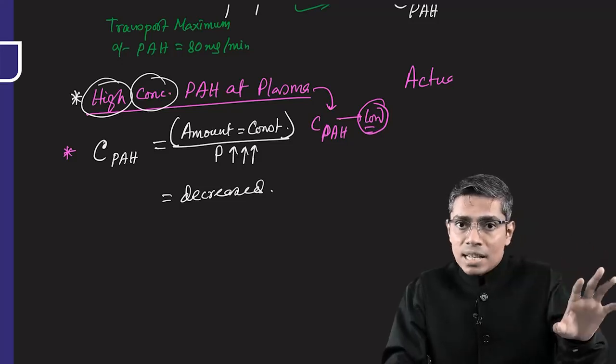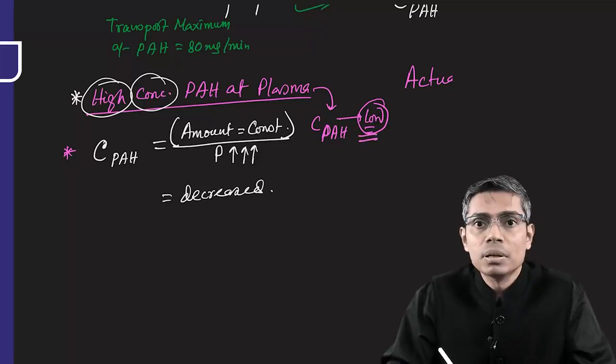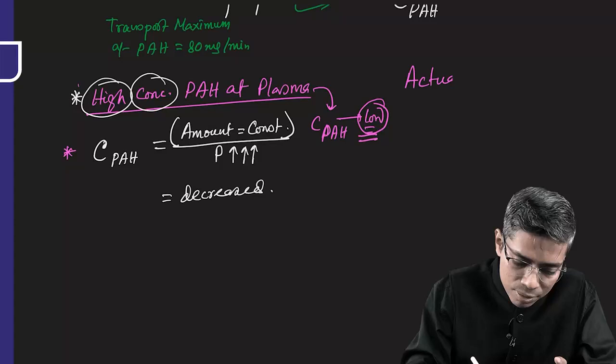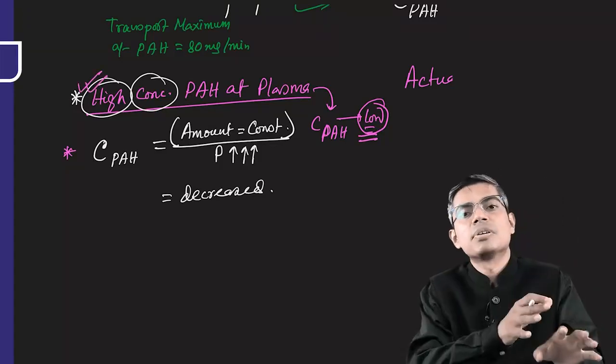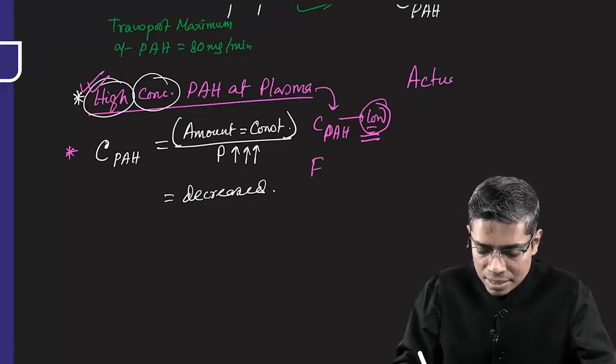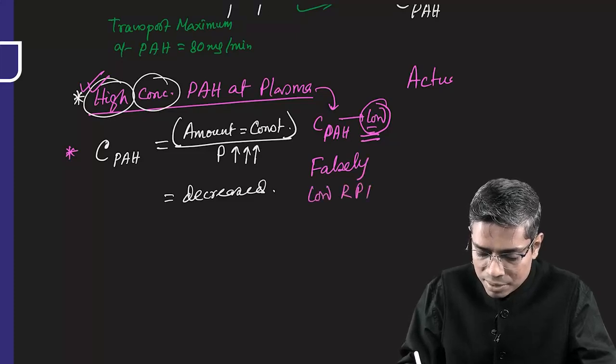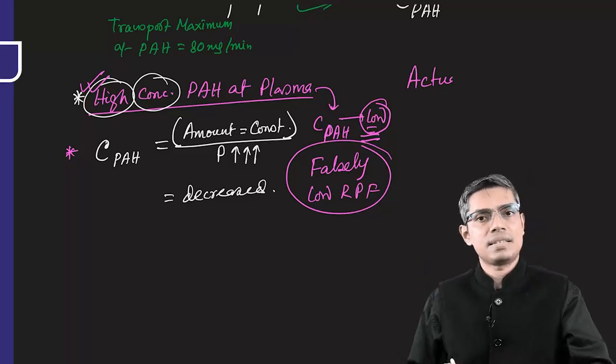Your renal plasma flow may be high, but you are getting a low value because by mistake you have injected a huge amount of PAH. So this is nothing but a falsely low renal plasma flow you are getting in these cases, right?